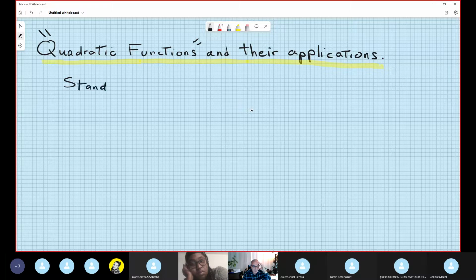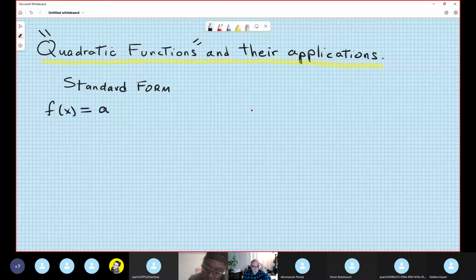The classic standard form, for example, f of x equal ax squared plus bx plus c.